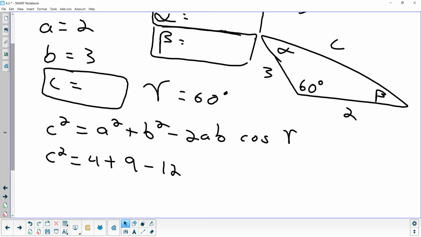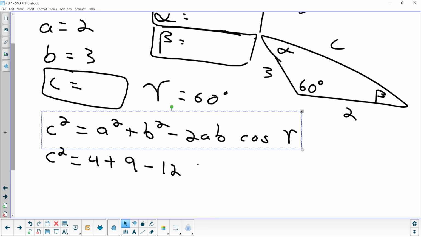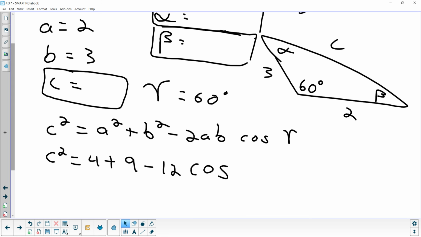So that's 2 times 2 times 3 times the cosine of, Jess, what's gamma in this case? 60 degrees. Okay.